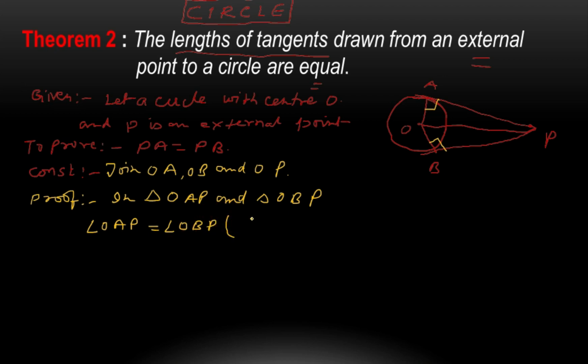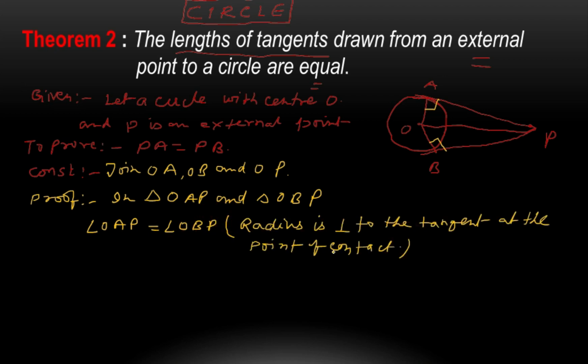Of course, the reason is that the radius is perpendicular to the tangent at the point of contact. So this angle equals this angle, 90 degrees.